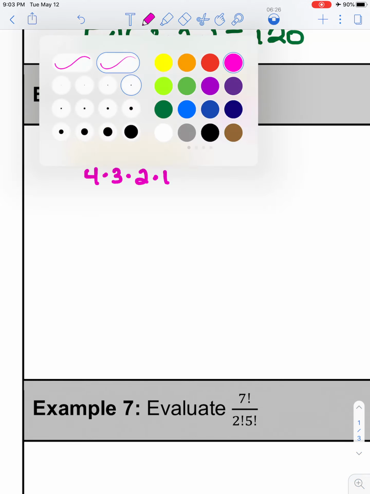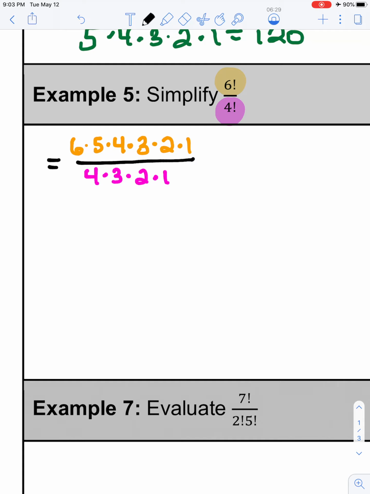Something really convenient is happening right now, right? We have a collection of factors in the numerator and a collection of factors in the denominator. Since all of the pieces of the numerator are related through multiplication, and the same is happening in the denominator, we get to do one of our most favorite things in math. We get to cancel out those common factors, right?